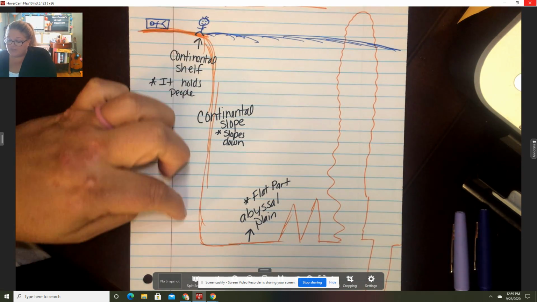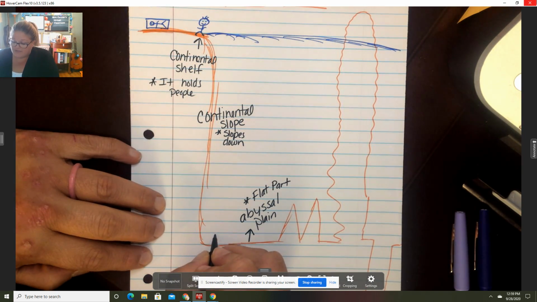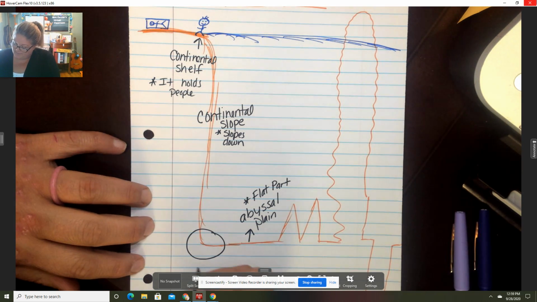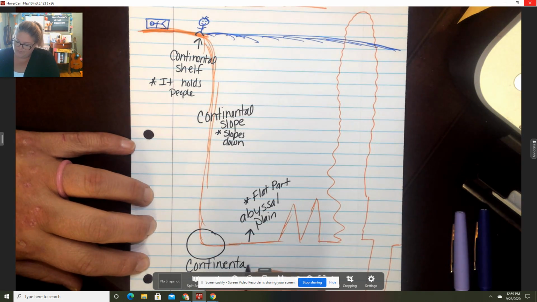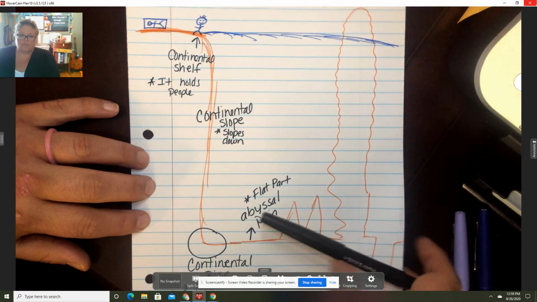All right, so the continental slope and then the abyssal plain, where it meets, that's called the continental rise. It's a meeting point.